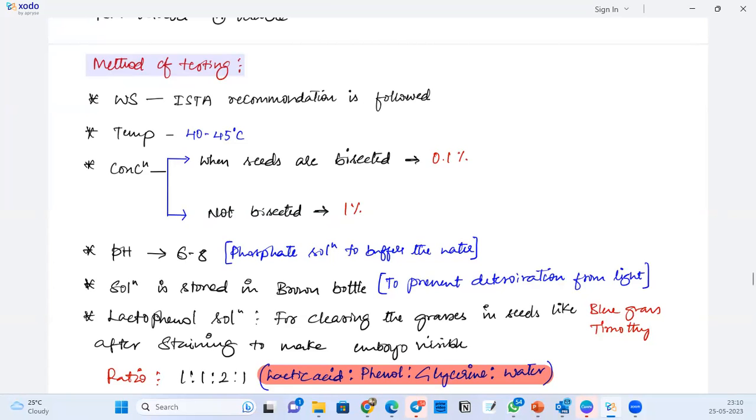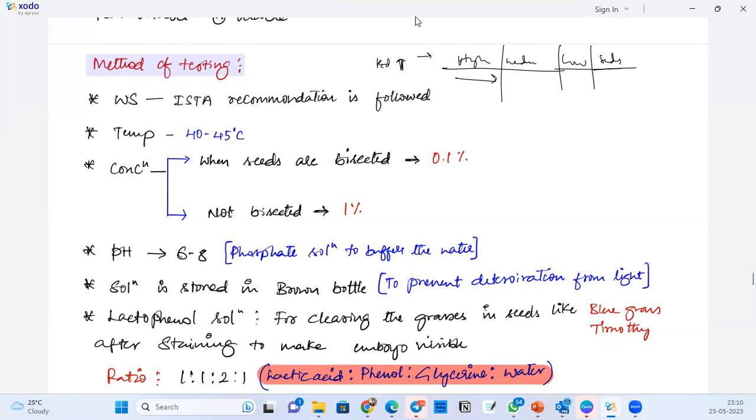Yeah, based on the intensity of the color, we can classify the seed lot into highly vigorous, medium vigorous, and low vigorous. We can make n number of fractions out of it based on the intensity of the color. The intensity of the color is mainly because of the enzyme activity. If the enzyme activity is high, it will give an intense red color.